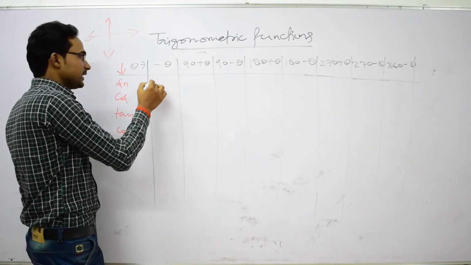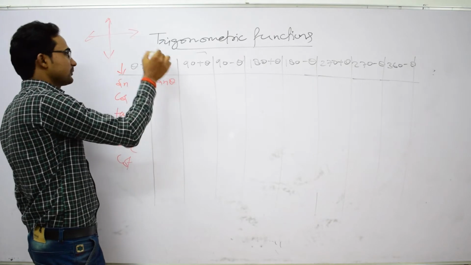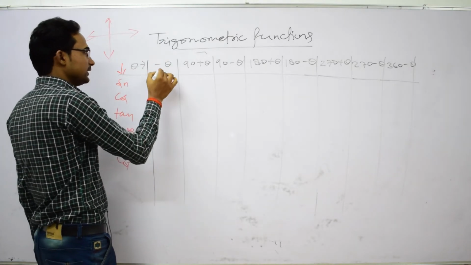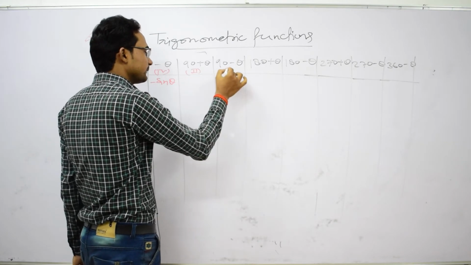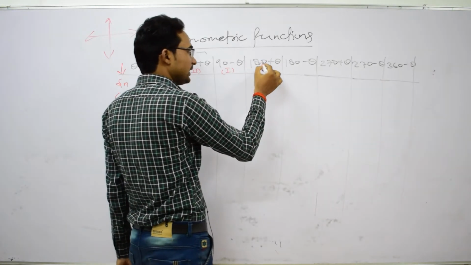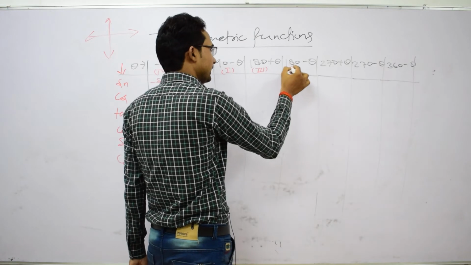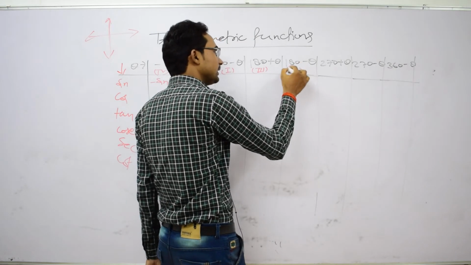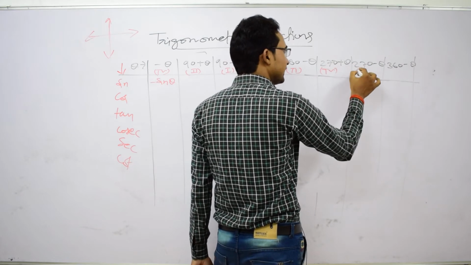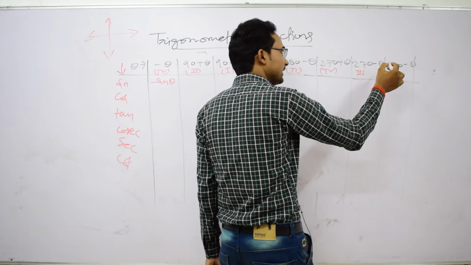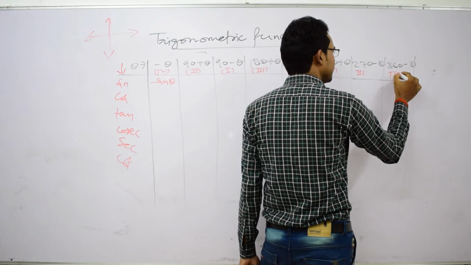So, sin minus theta is equal to minus sin theta, because minus theta indicates the fourth quadrant. This is the fourth quadrant, this is the second quadrant, this is the first quadrant, and this, 180 plus theta, is the third quadrant, and 180 minus theta the second quadrant, and 270 plus theta the fourth quadrant, and 270 minus theta the third quadrant, and 360 minus theta the fourth quadrant.